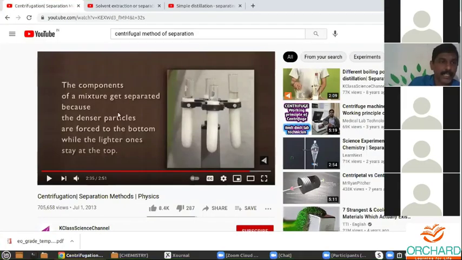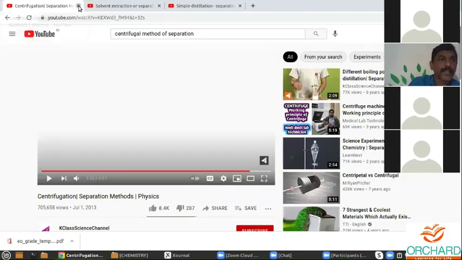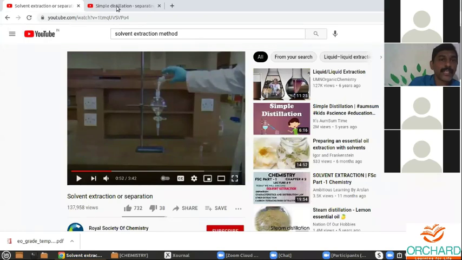Now I shall share the screen. So here you have two different liquids, which are immiscible. So there is some slowness in the connection. Just a minute.